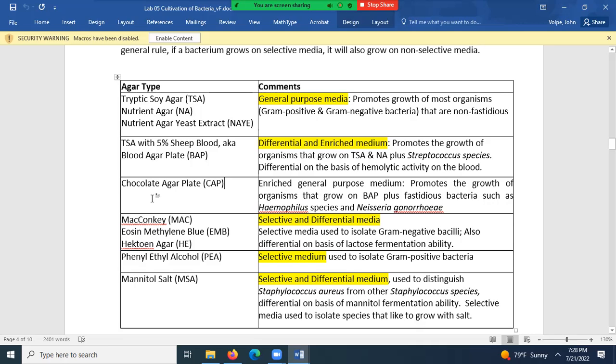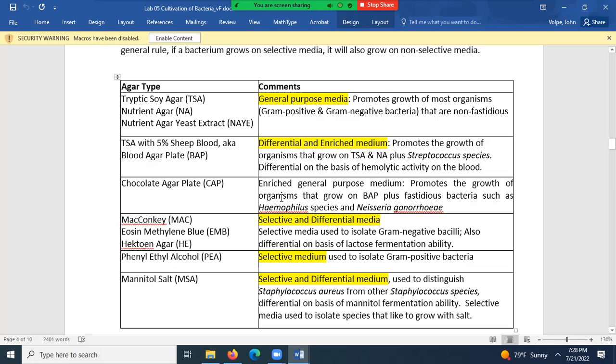Meaning, if you add the blood when the agar is still hot from coming out of the autoclave, you will get chocolate agar, where the temperature of the agar will lyse the red blood cells. And that'll make the agar brownish in color. And that's why it's called chocolate agar, because the plate is brown in color.